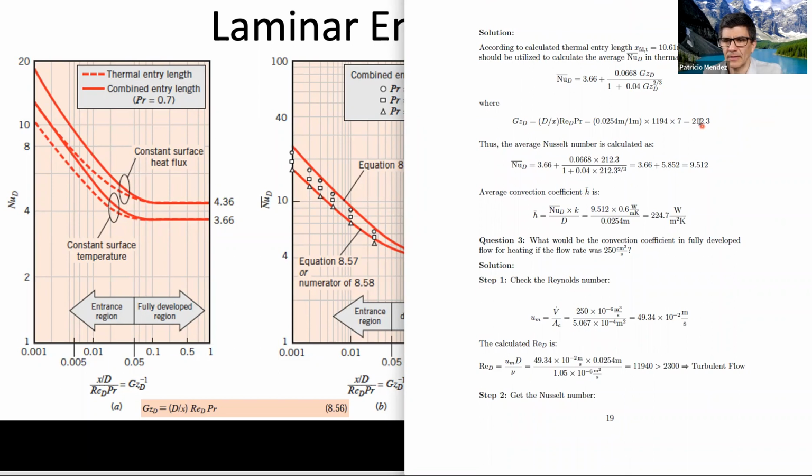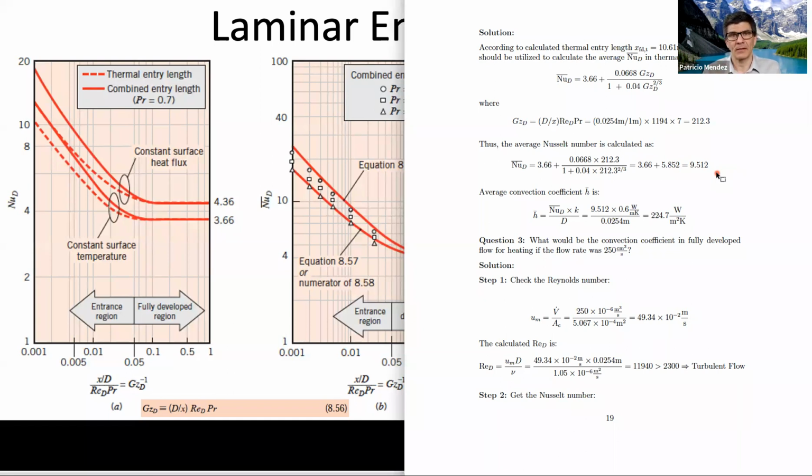Once we got the Grashof number, we plug it into this equation for Nusselt, and we get an average Nusselt value of 9.5. In fully developed flow it is 3.66. The entry is super intense heat transfer.